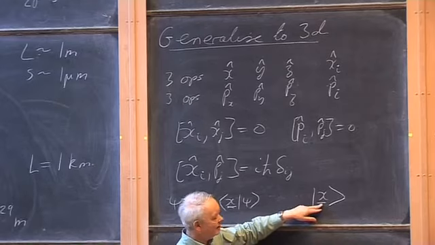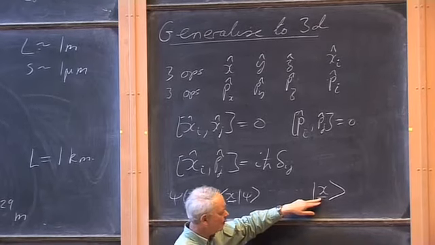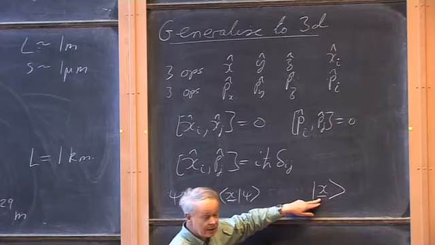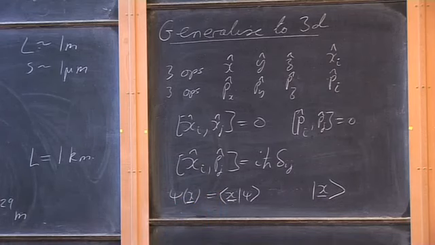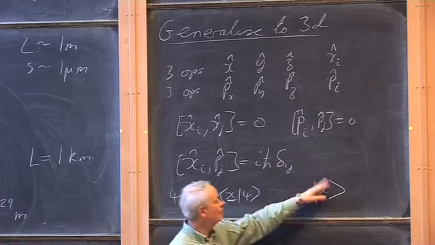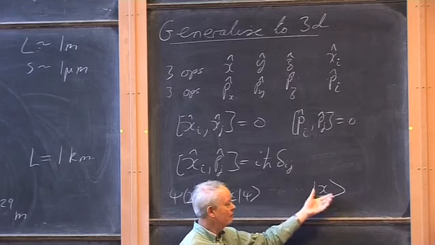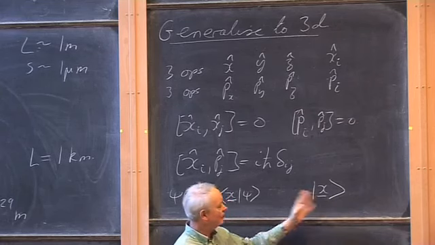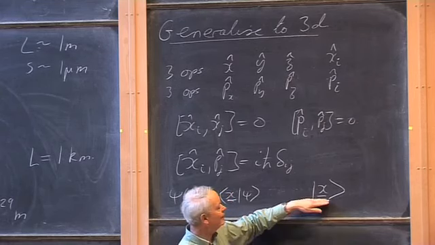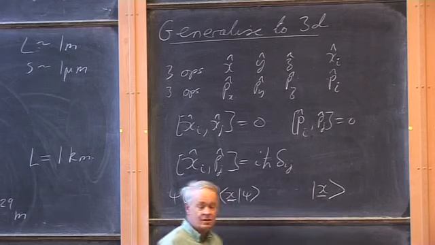This is an eigenstate of the x operator, the y operator, and the z operator, so we need three eigenvalues written inside here to describe what this is. That's at a mathematical level. At a physical level, this is the state of being at the location position vector x.